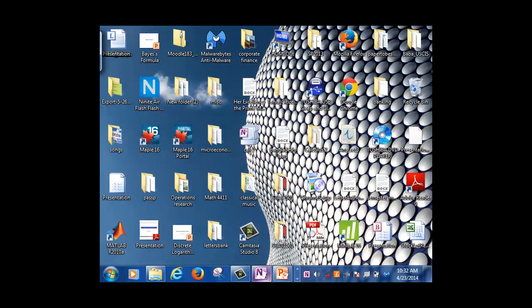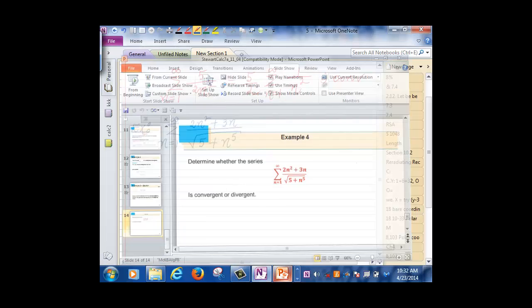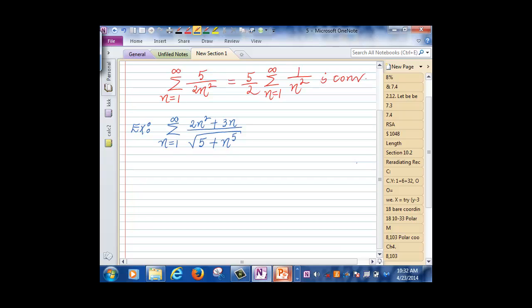First of all, what did you guess? Is this convergent or divergent? What's your guess? Is it a convergent series or a divergent series? Numerator, denominator, they have powers of n, right?